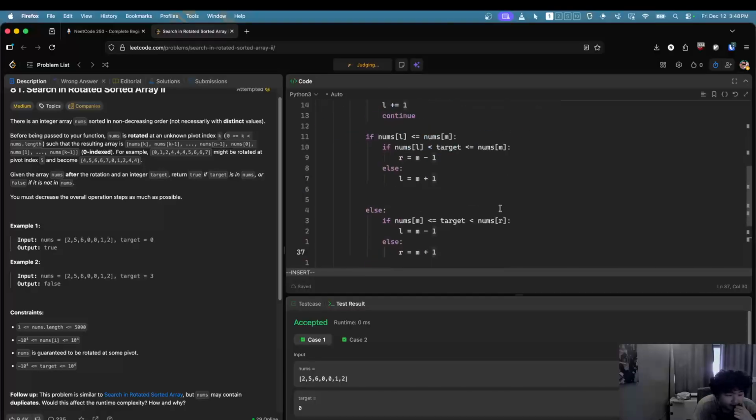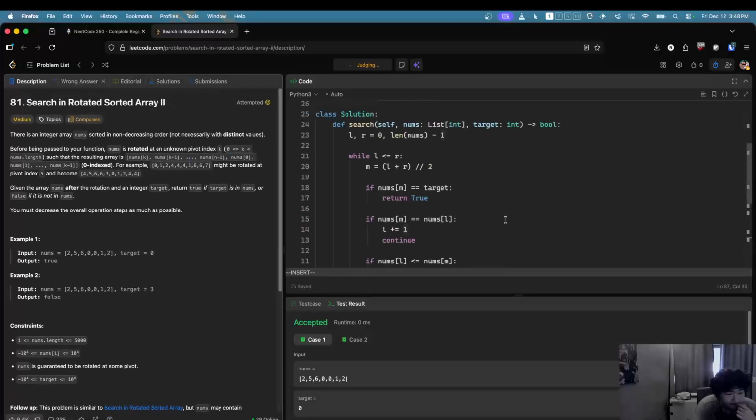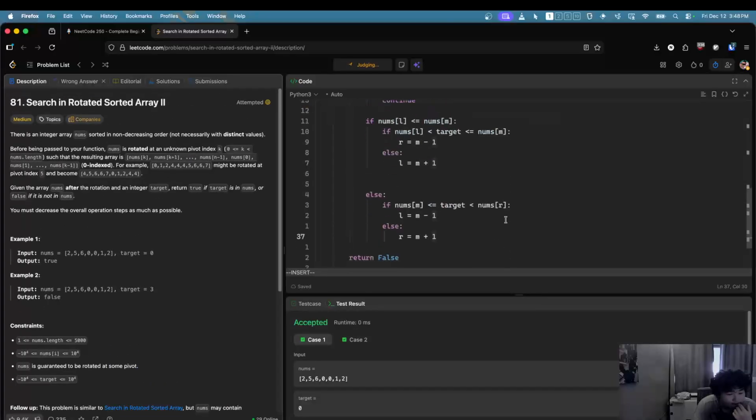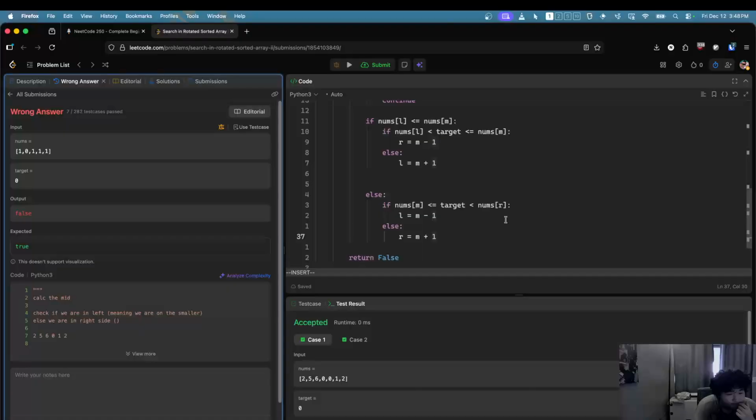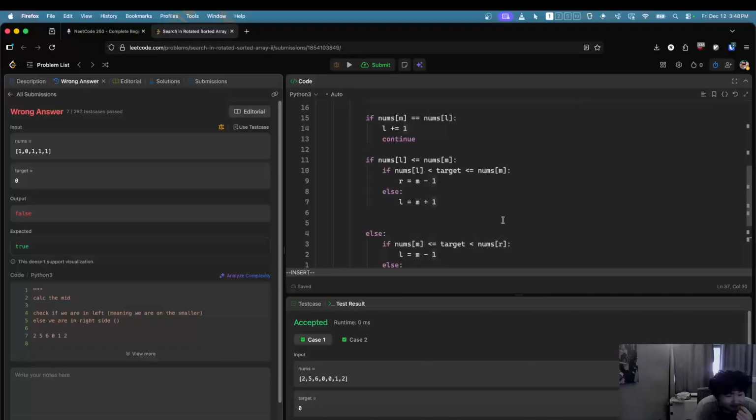Really? TLE? I thought this was binary search. Oh, wrong answer. Whoops. Okay. What am I missing here?